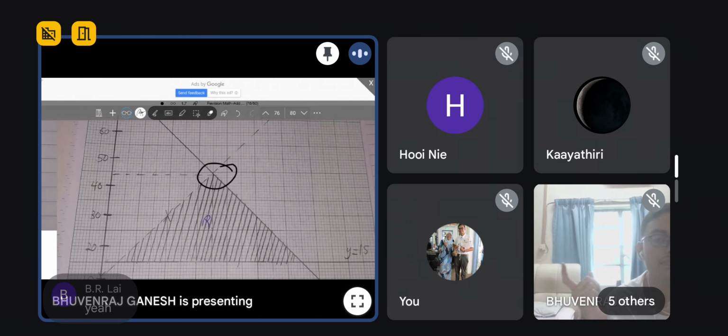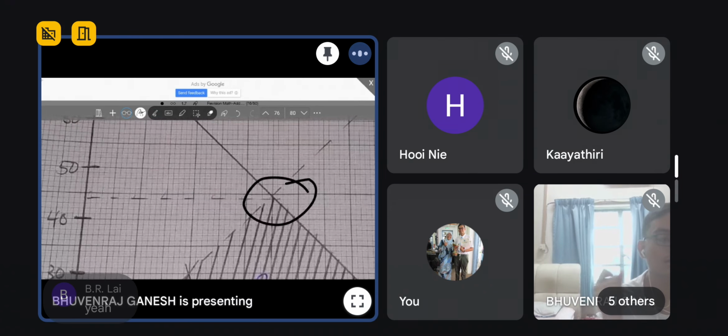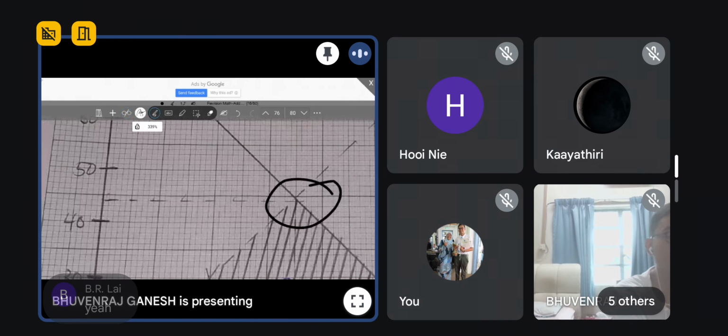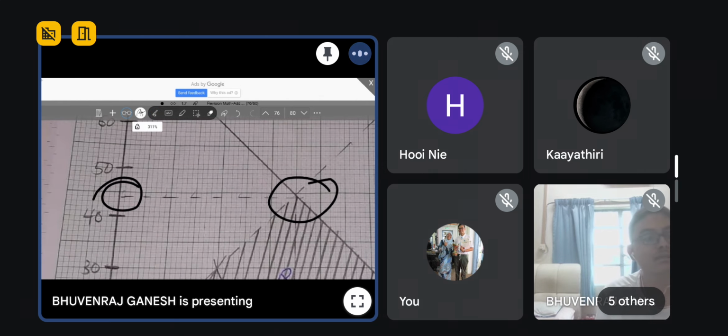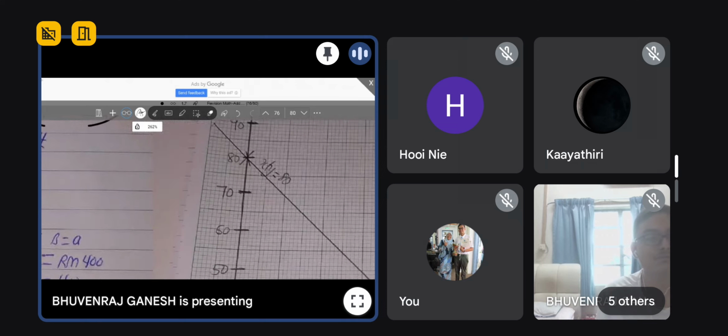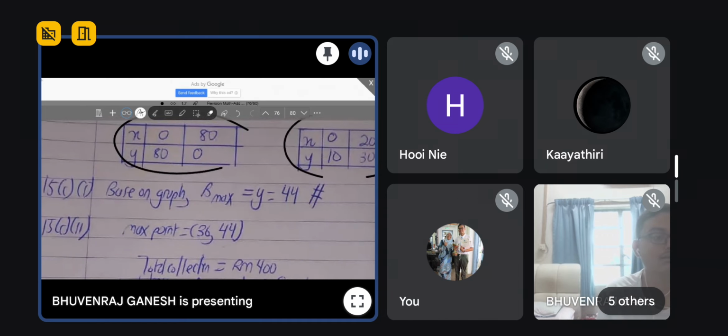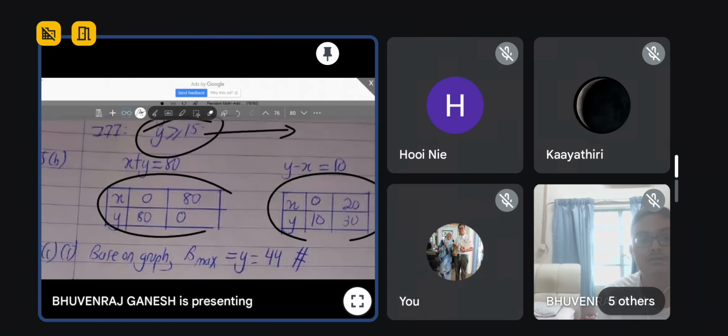So means that nilai maximum class B, your maximum value for class B should also be this point. Common sense lah. Maximum point akan bagi maximum value. So that's why nilai Y adalah yang ni for class B, because soalan kata Y equals to student in class B. So the answer is 44. Jawapan dia 44 saja.